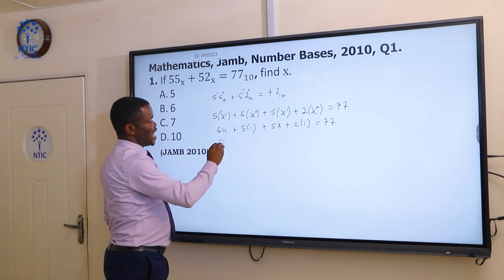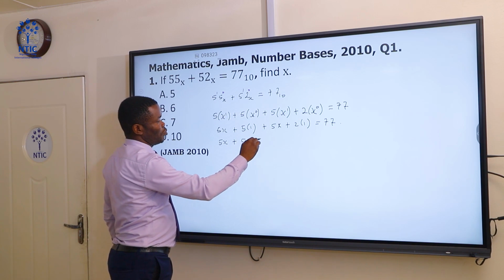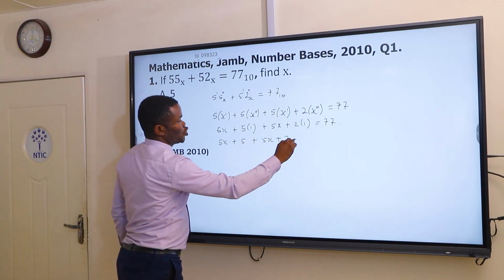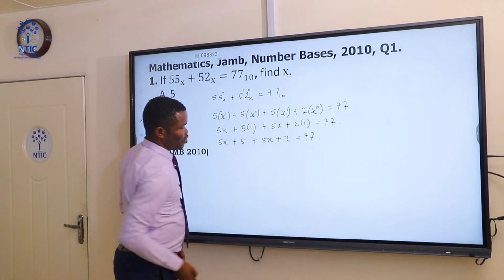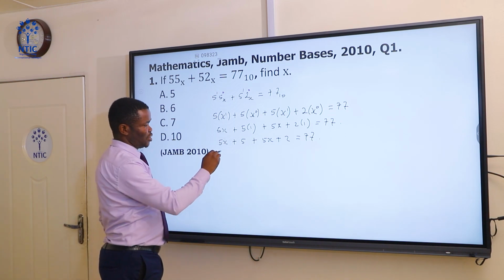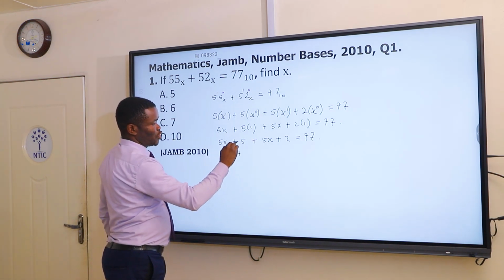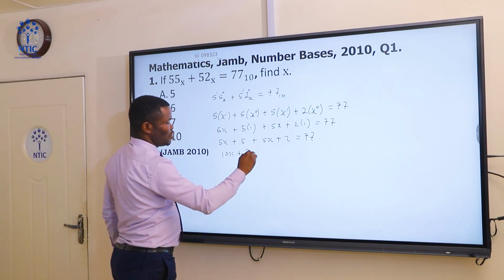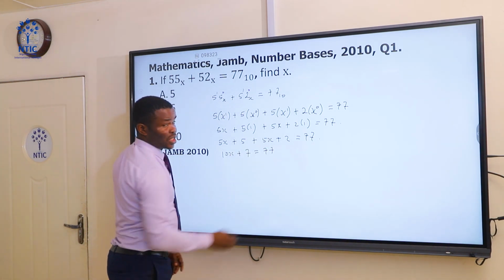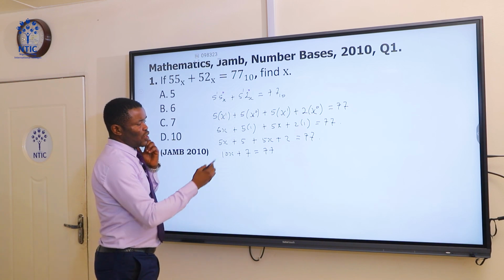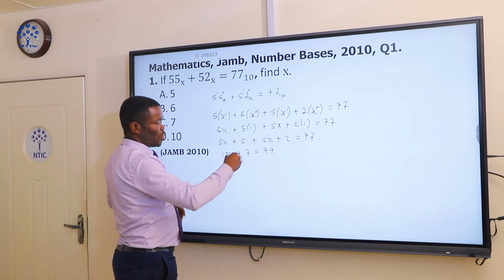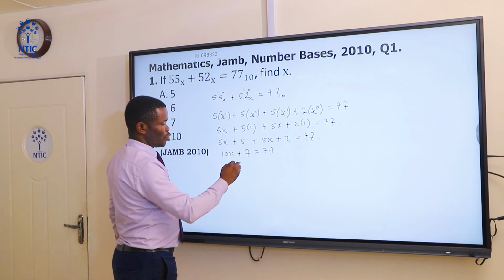So if you clear this, we are going to have 5 plus 5x plus 2 equal to 77. So we collect the like terms. 5x plus 5x is 10x, plus 5 plus 2, that's 7, equal to 77. Then subtract 7 from both sides.